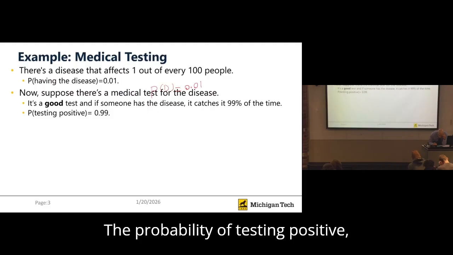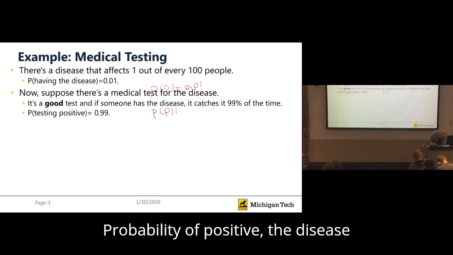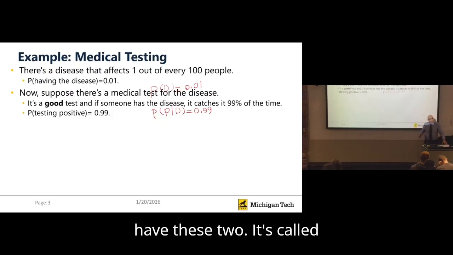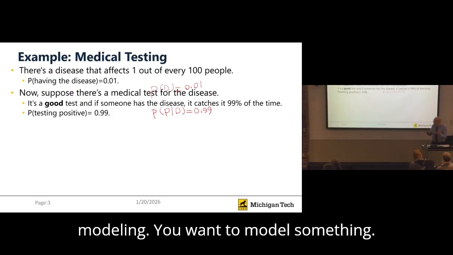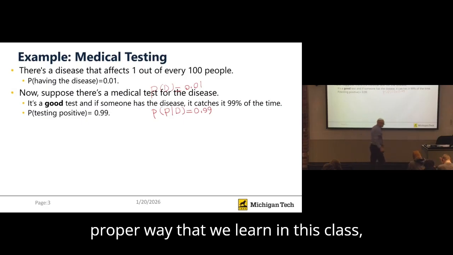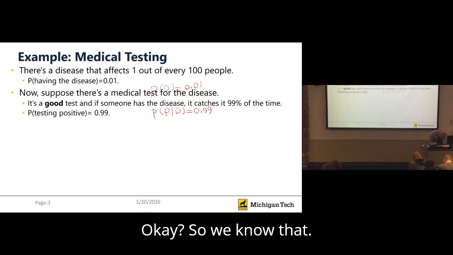The probability of testing positive, even if you have the disease, let's call positive P. The probability of positive given disease is 0.99. It's called modeling. When you want to model something, you need to write it in a proper way that we learn in this class, just probability axioms. Okay? So we know that.